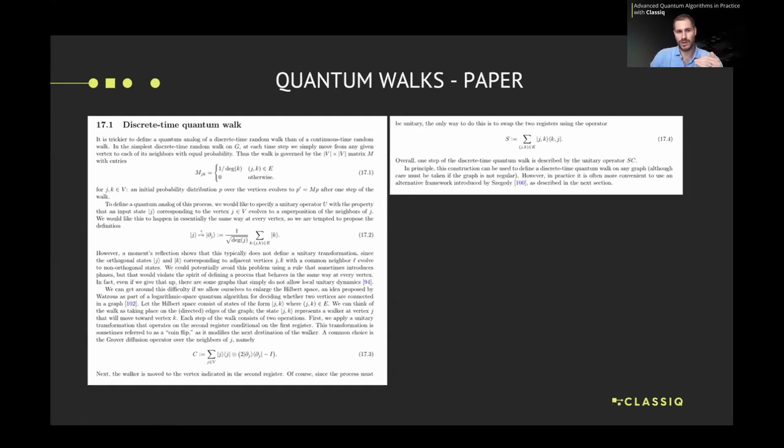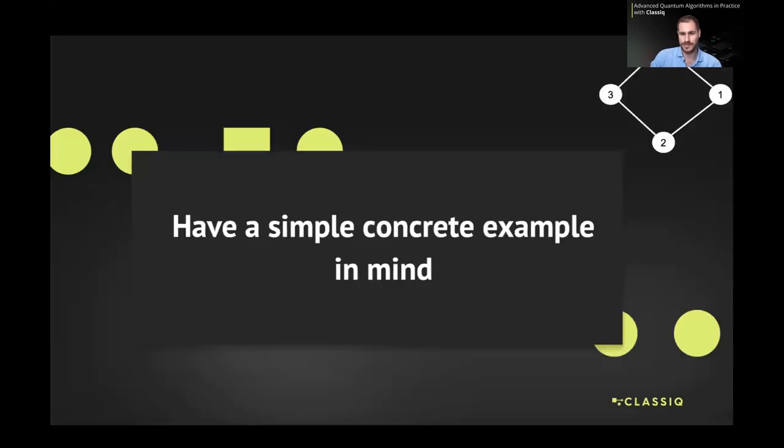So now we will go step by step and understand how we can take this and transform it into a concrete implementation. The first thing, and this is not covered in the lecture notes, is that I highly recommend when you come to a new implementation or to a new quantum algorithm that you want to implement in practice, you should have a concrete example in mind. And it should be a simple, or the simplest, example that demonstrates the key points of the algorithm.